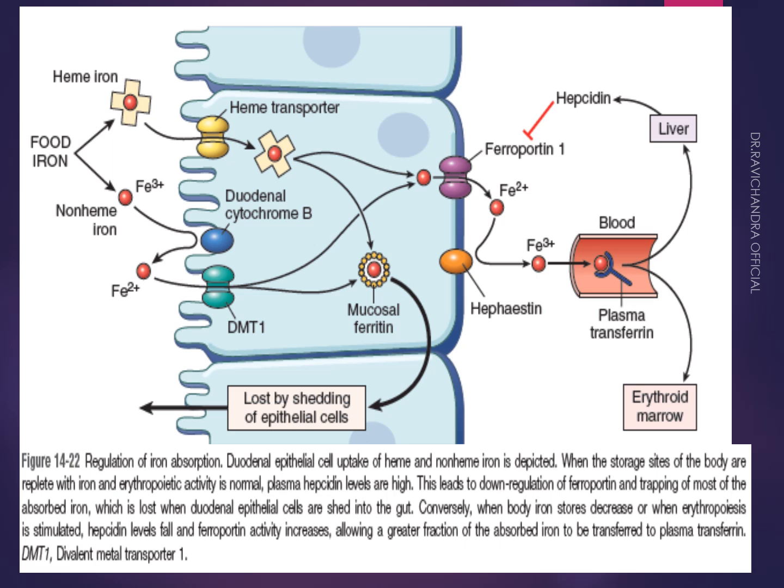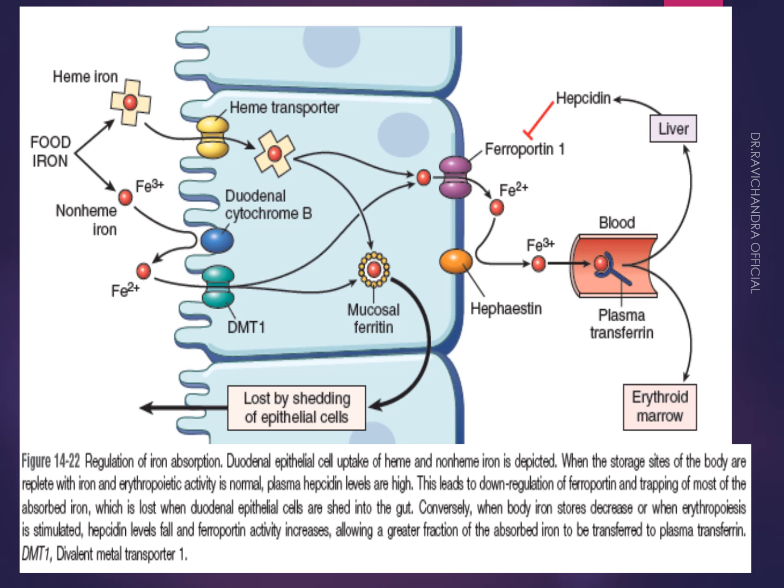This Fe3+ is stored in liver, and some Fe3+ is sent to marrow for the formation of hemoglobin. Ferroportin 1 will help in this process. So when the ferroportin 1 levels are more, to auto-regulate this process, hepcidin levels will be low. And when the hepcidin levels are more, the transport by ferroportin 1 will be reduced.